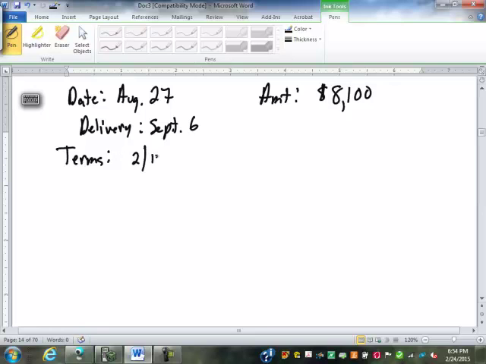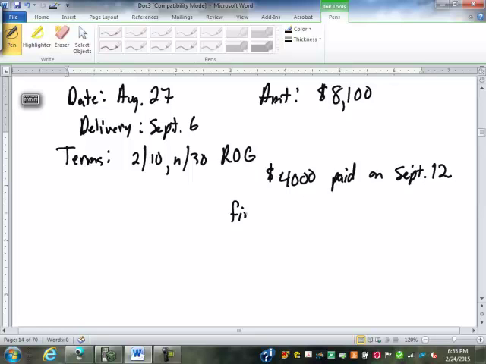Terms 2/10, net 30, ROG, and an amount of $4,000 paid on September 12th. Find the balance.